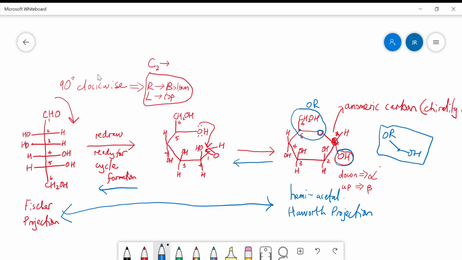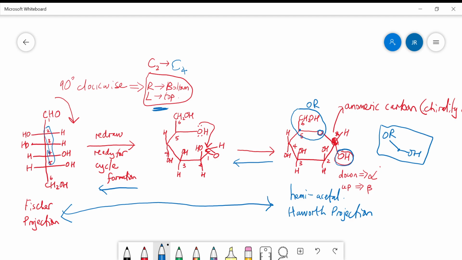You can use this idea to figure out carbons 2 through 4. Sorry, 2 through 5. Oh no, sorry, 2 through 4.